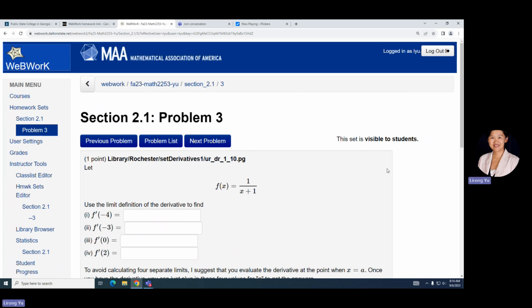This is the definition. So you can use this definition to find the derivative of any function. So I'm going to plug in x plus h into the x plus h. So it's 1 over x plus h plus 1. That's the first one. And then f of x is the same as that definition. It's 1 over x plus 1.